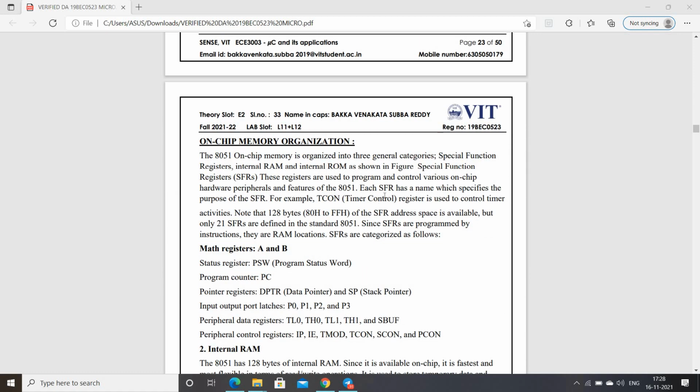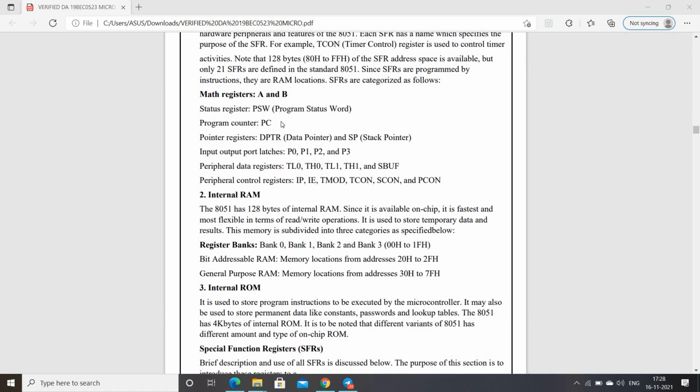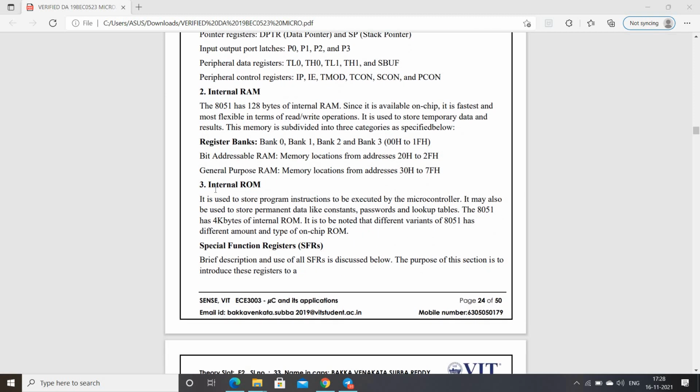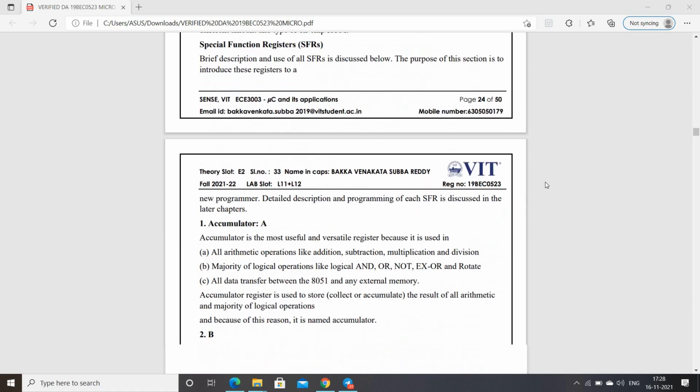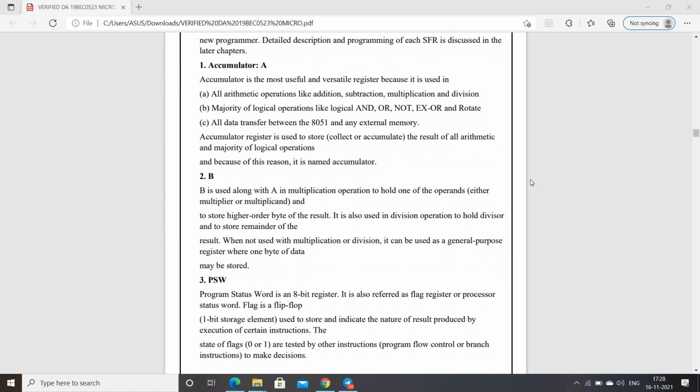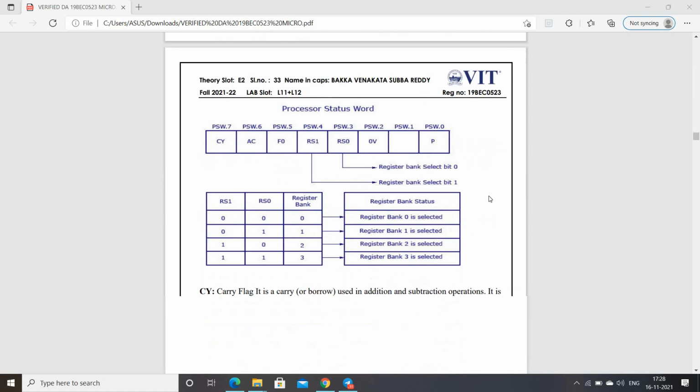This is the on-chip memory organization: math registers A and B, internal RAM, register banks, internal ROM, and special function registers, the accumulators A, B, and PSW.